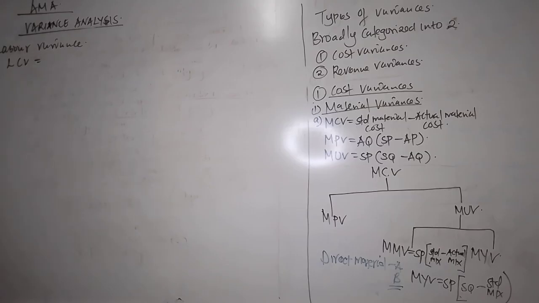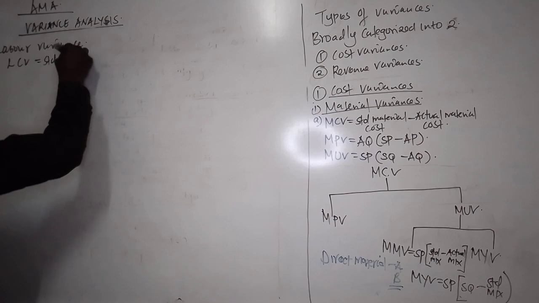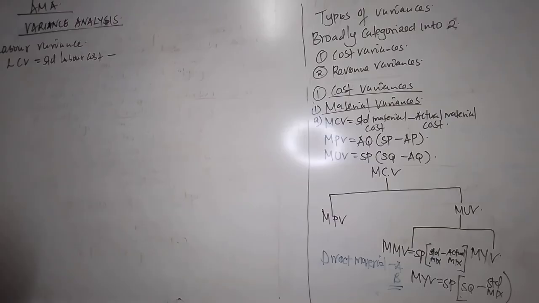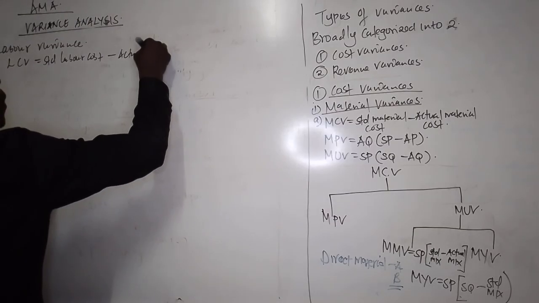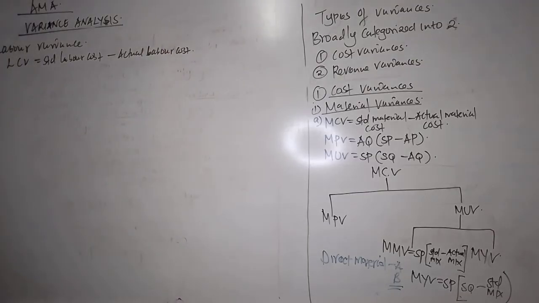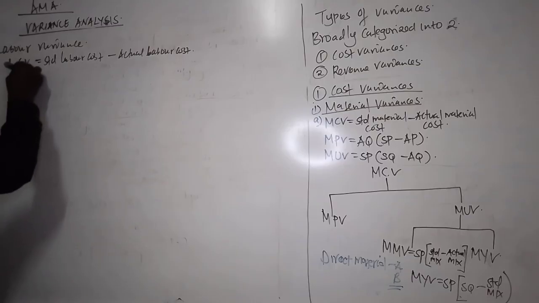How are we going to compute the labor cost variance? The labor cost variance will be given by the standard labor cost, then we raise the actual labor cost. Other than the labor cost variance, we have the labor rate variance.